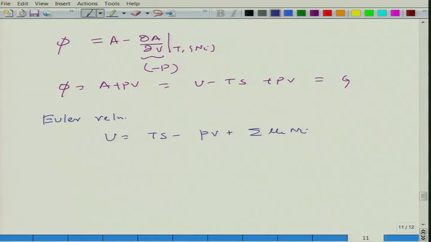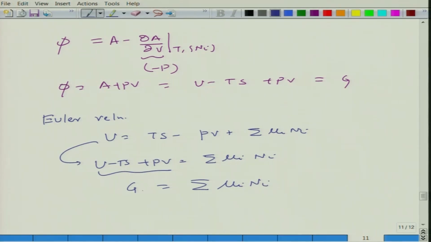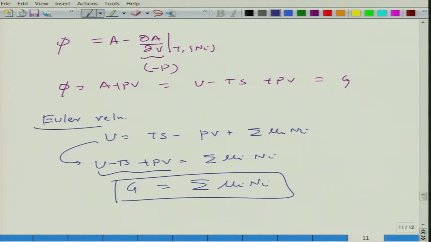So, we can demonstrate this for Gibbs free energy. If you look at the Gibbs free energy definition, u minus T s plus P v, and rearrange this expression, it is going to be mu i n i. So, this is nothing but g. So, g is nothing but summation mu i n i. This comes directly from the Euler relation.